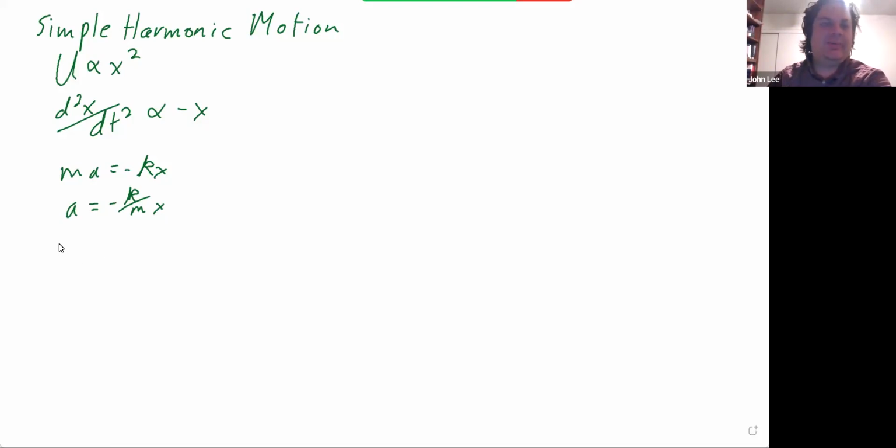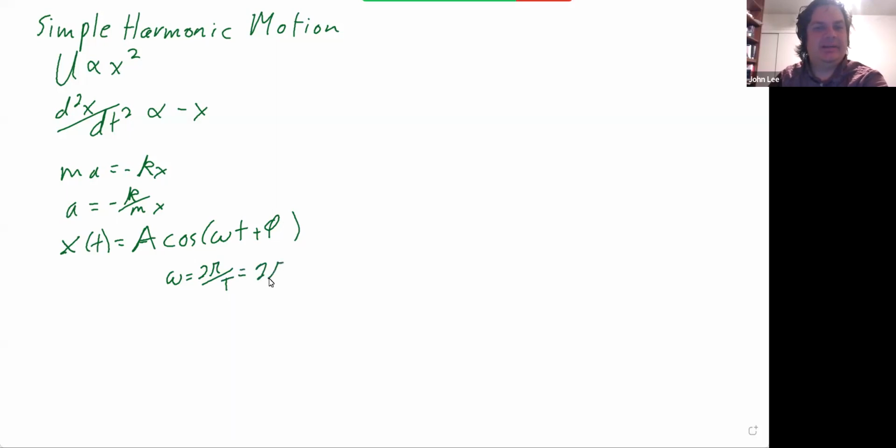Well, if you know anything about differential equations or about taking derivatives, you can guess that x of t is going to be equal to A times cosine of omega t plus phi, where omega equals 2 pi over the period, which is equal to 2 pi times the frequency of the cosine wave.